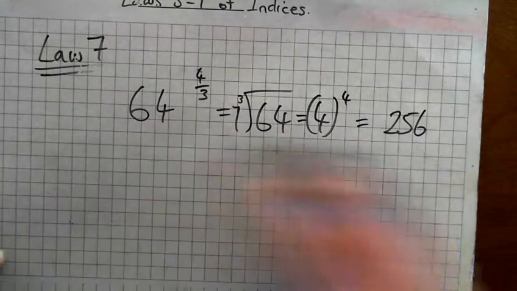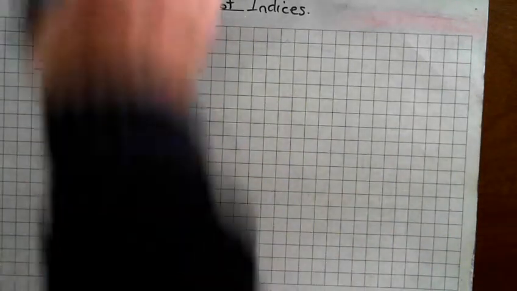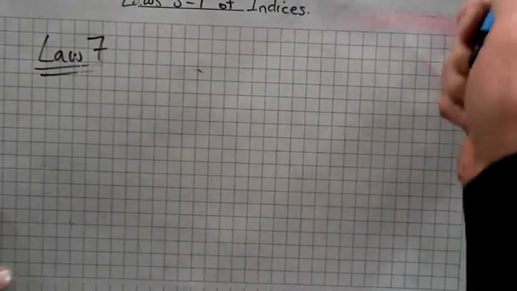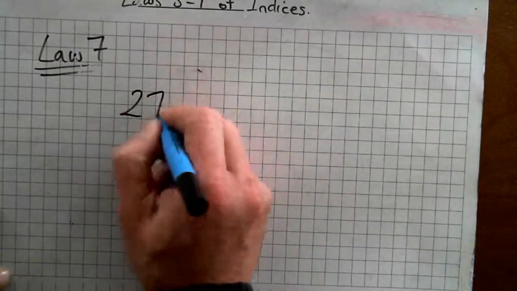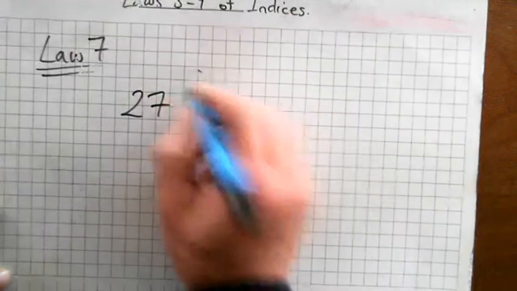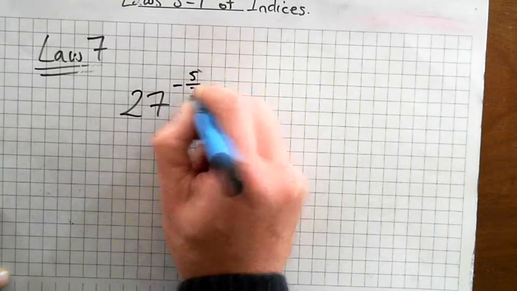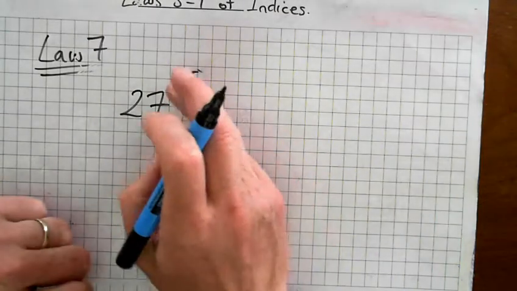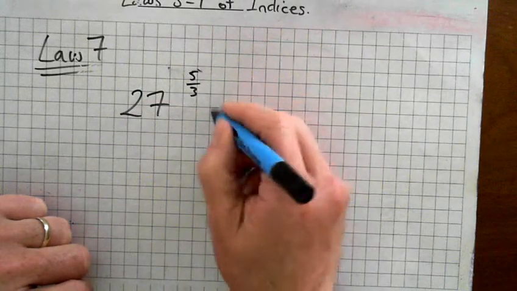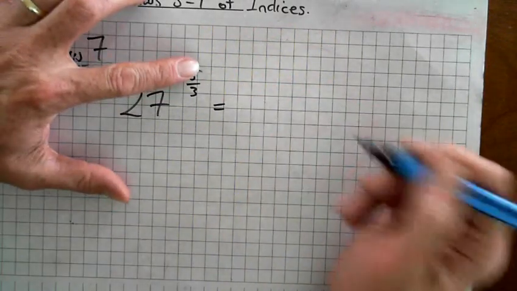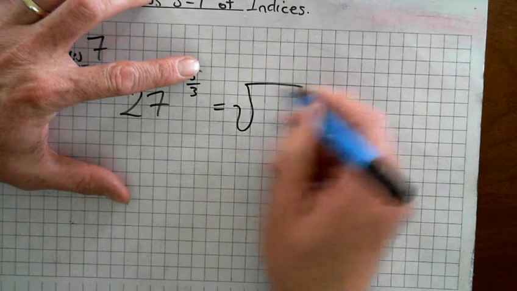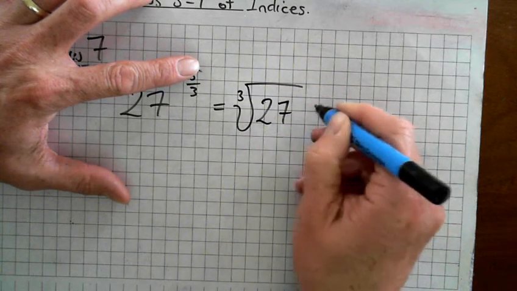And that'll do for now. Well, we'll do one more. 27 to the power of minus 5 over 3. Again, forget about the minus to start off with. Pretend that that's a third. So we'll get the third root of 27 first.